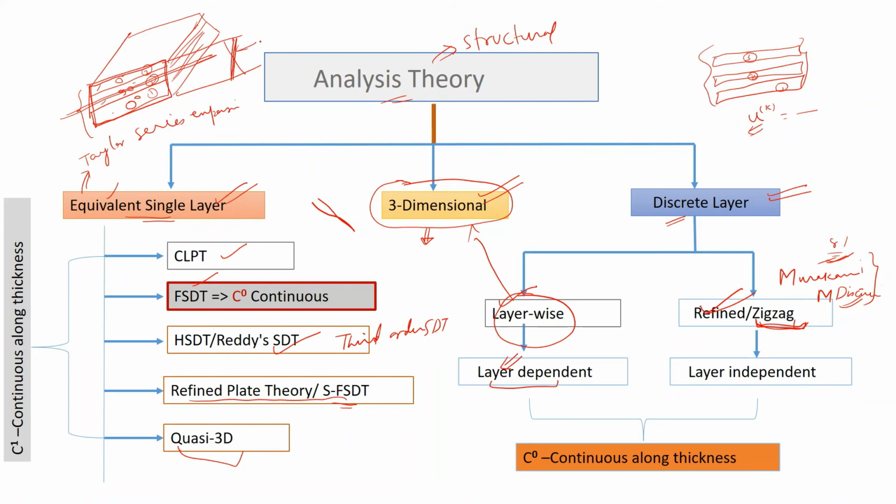We will get the displacement field like this for the different laminae, lamina 1, lamina 2, lamina 3, in this way.